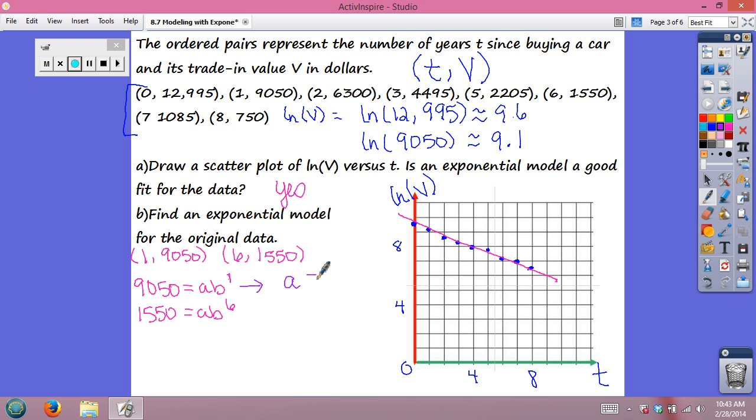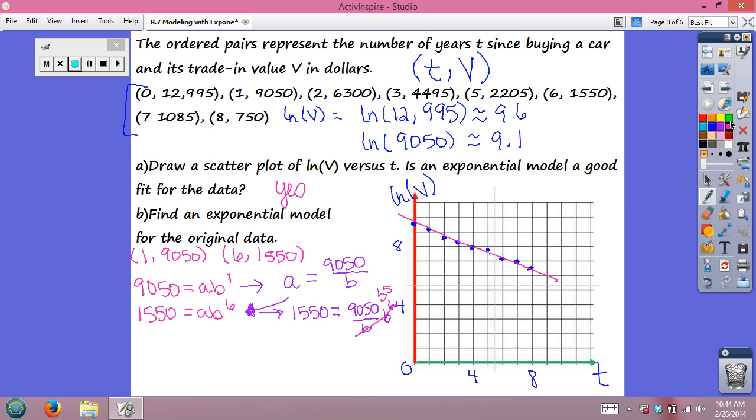So we get a equals 9,050 divided by b. Plug that into this equation, which will give us 1,550 is equal to 9,050 over b times b to the 6th. Our b's here will cancel down to b to the 5th because we're dividing.